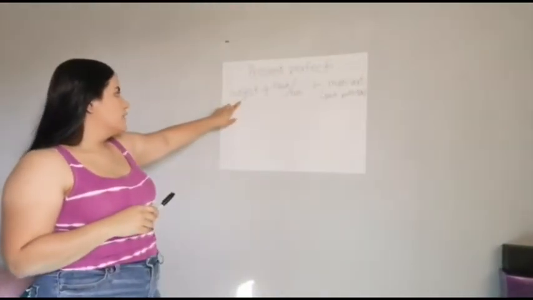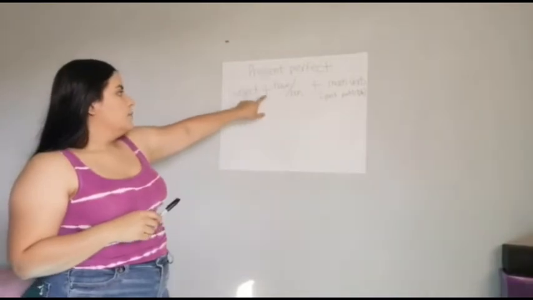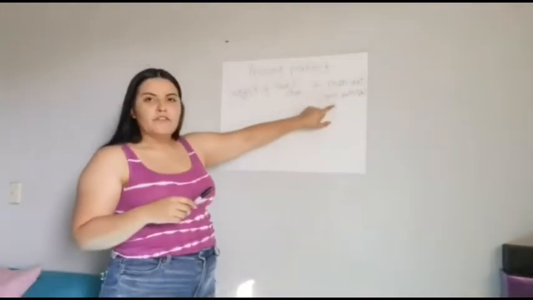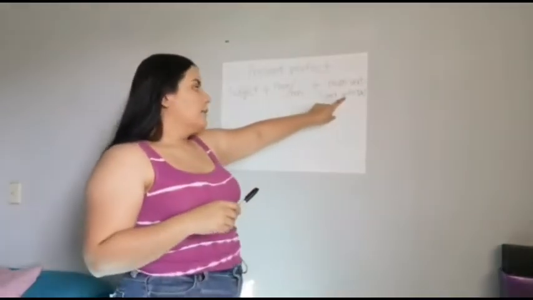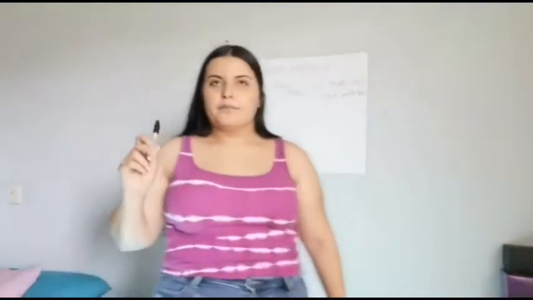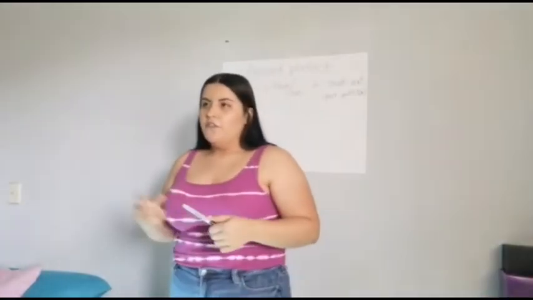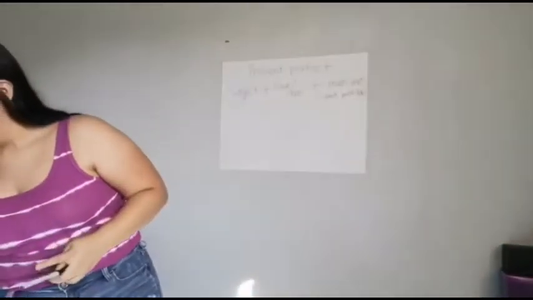So what is the structure? Subject plus have or has plus the main verb. And the main verb has to be in past participle, okay? Now I am going to be presenting an example for you guys to have a better and clear idea of what it is, okay?